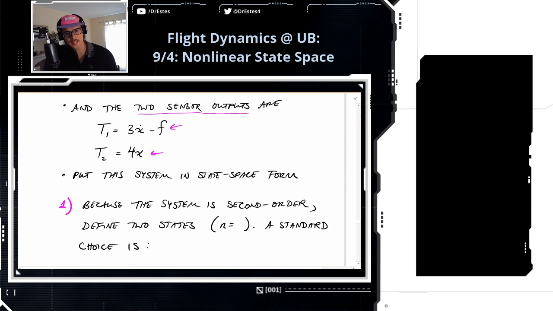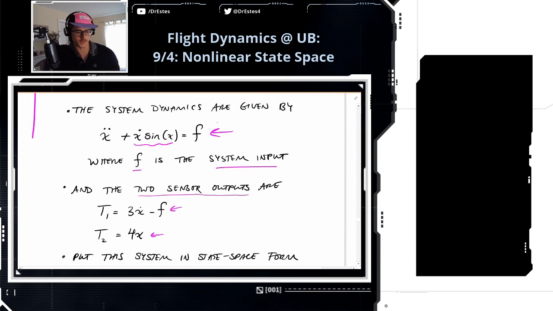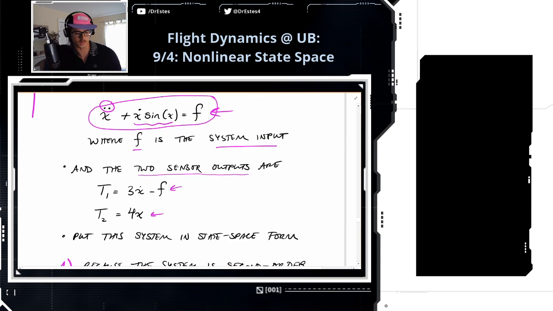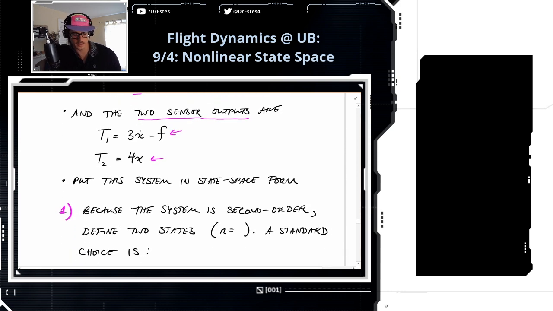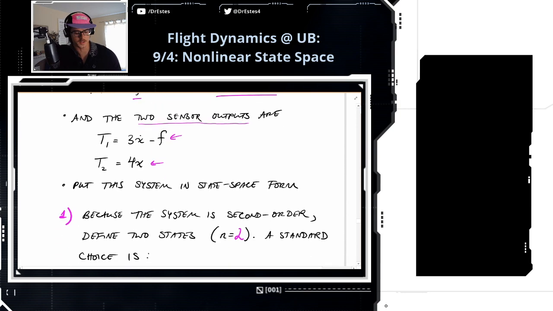Okay, so the first step is to define the states. The number of states you have is equal to the order of the differential equation for your system. Our differential equation here is second order, and you can tell because the highest derivative is 2. So n equals 2. That's the order of the system, so I need to define two states.